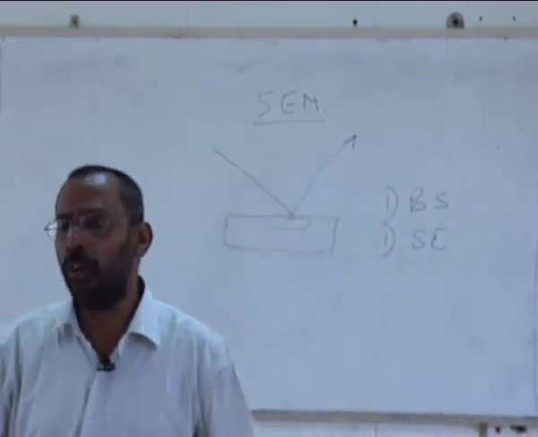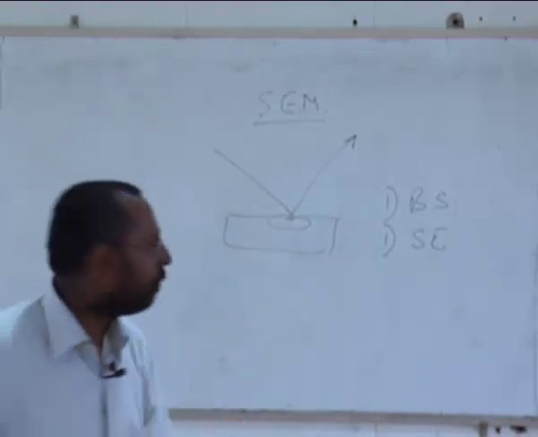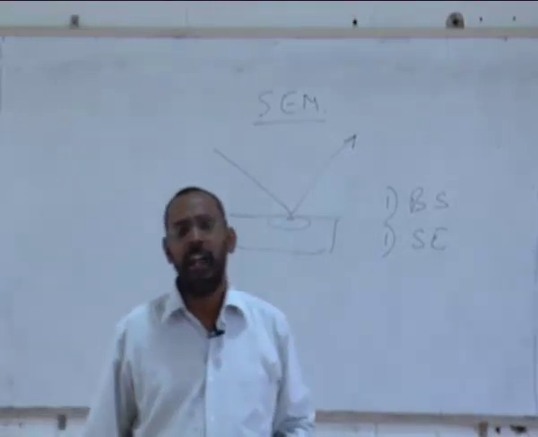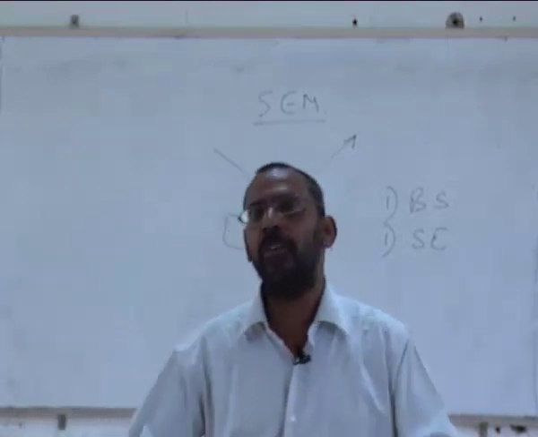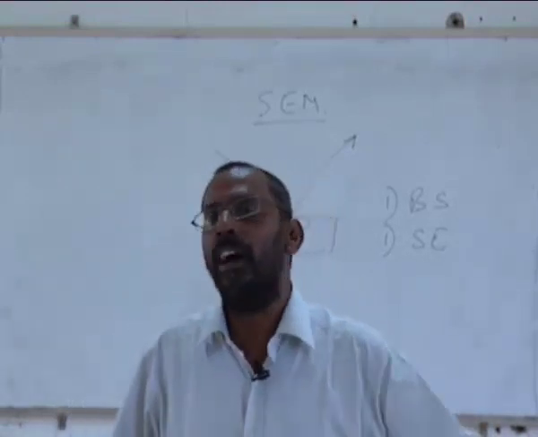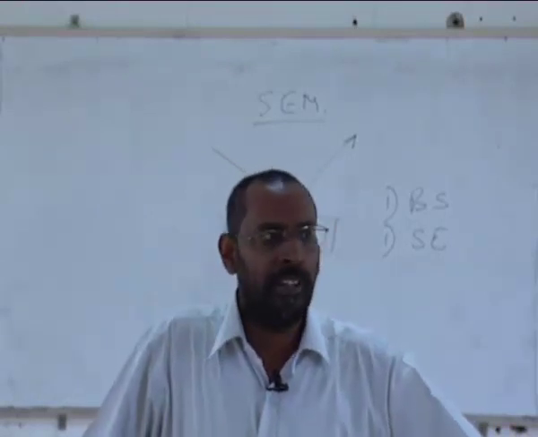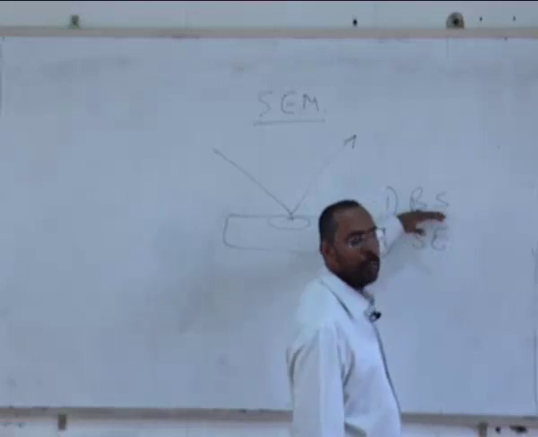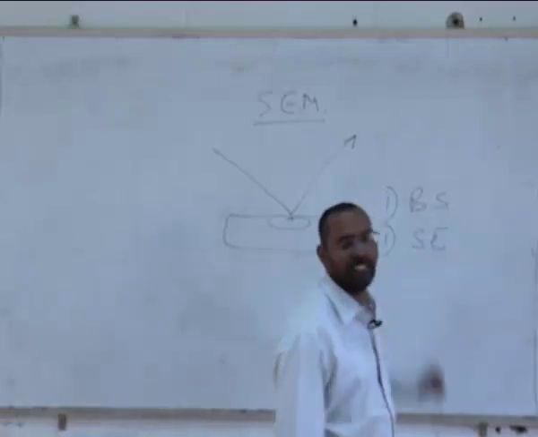Backscattered electrons are those which are coming from more or less the surface, and they have not lost their energy much, so they have a lot higher energy. So most of the time you see backscattered electrons have much higher intensities than secondary electrons.